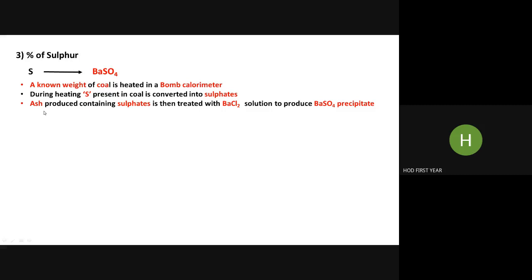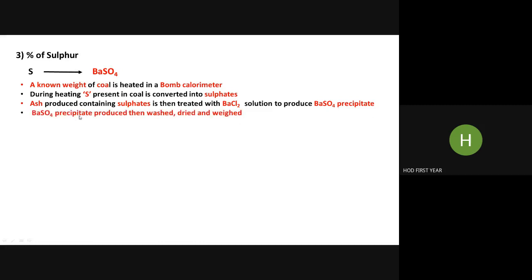It means the non-combustible part. So that ash produced containing sulfur is then taken out from the bomb calorimeter and treated, mixed with barium chloride solution. Okay, when the sulfates present in ash are treated, they are converted into barium sulfate precipitate. White color precipitate is produced, BaSO4.